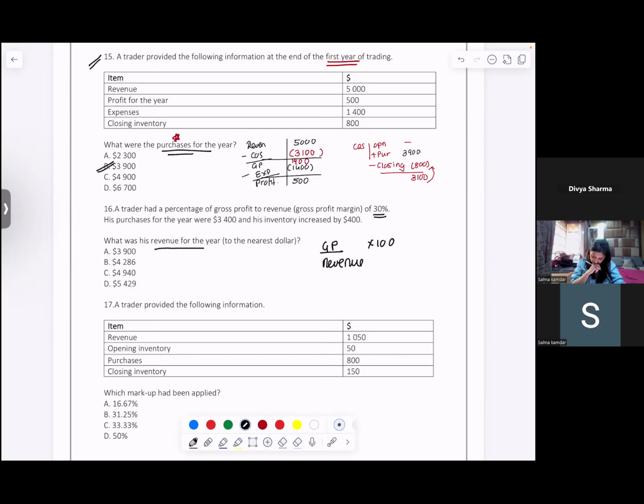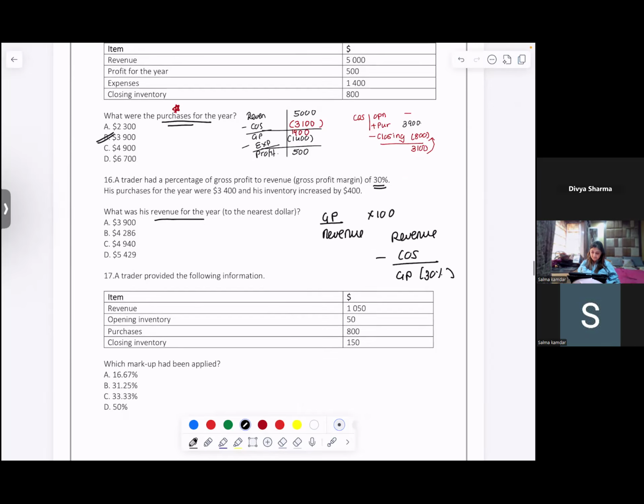His purchases are 3,400, and his inventory has increased by 400. So I have revenue minus cost of sales, it gives us gross profit. I've been given the margin, but I don't have revenue. But they've given me details about the cost of sales.